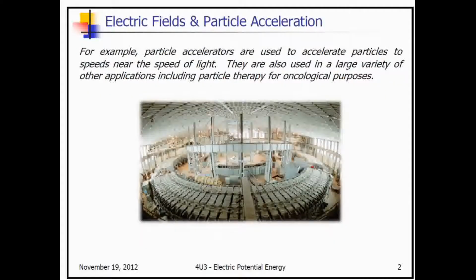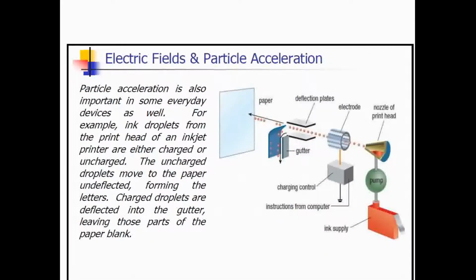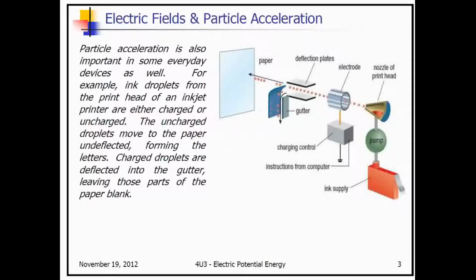But actually, there's one quick little side discussion here, and it says that, for example, particle accelerators are used to accelerate particles to speeds near the speed of light. They're also used in a large variety of other applications, including particle therapy for oncological purposes. Particle acceleration is also important in some everyday devices as well.